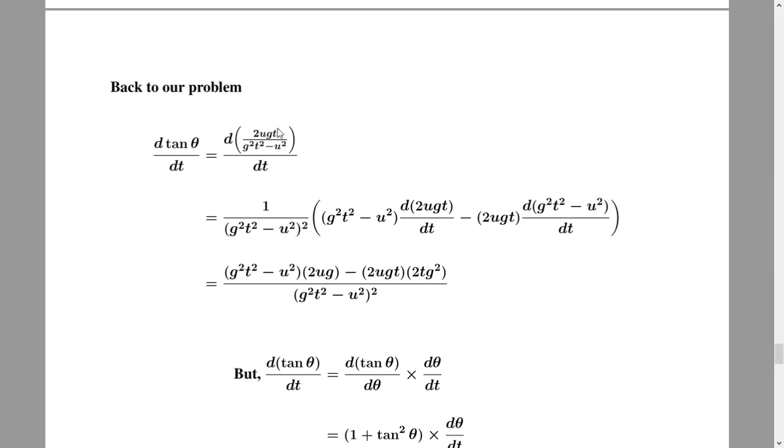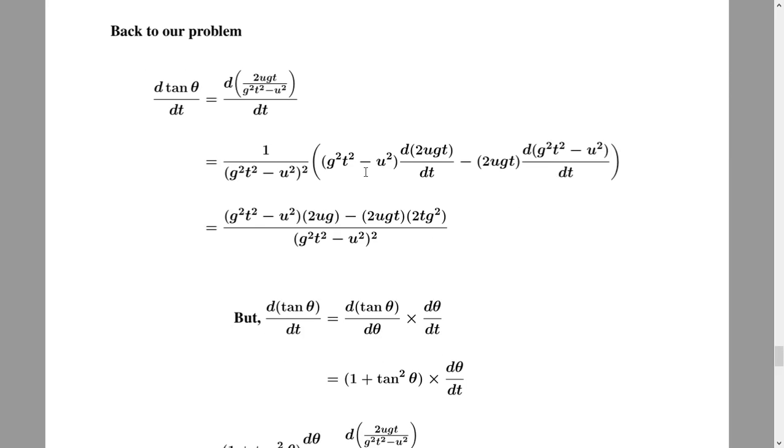So this is like f of t by g of t or whatever. There's one function in the numerator and one in the denominator. So we can apply the quotient rule and get the answer for this derivative. 1 divided by the denominator square times denominator times the derivative of the numerator minus numerator times the derivative of the denominator. On simplifying, this is what you get.